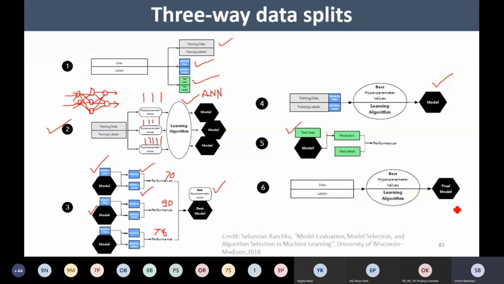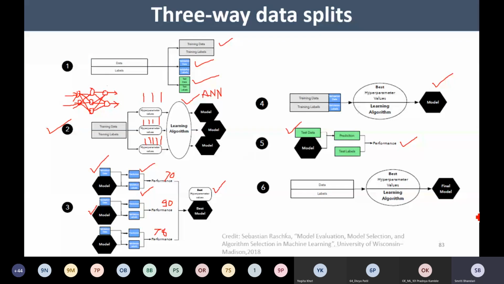The test data set is presented to the model, and the model predicts the labels for it. I know the actual labels of the test data set, so once again I come up with the performance.